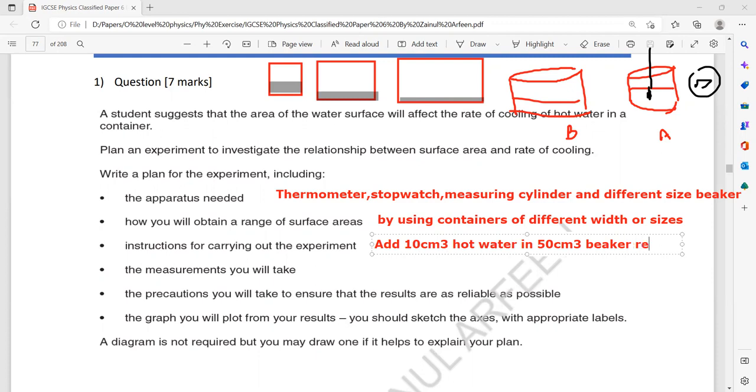Then we will record the initial temperature, or the starting temperature. Then start the timer and record the temperature for 3 minutes with a 30-second interval.